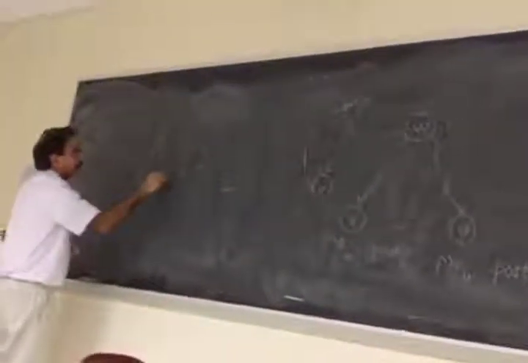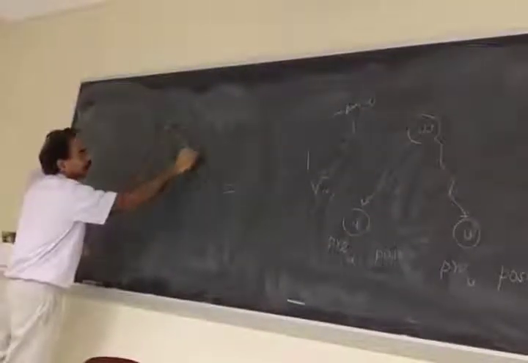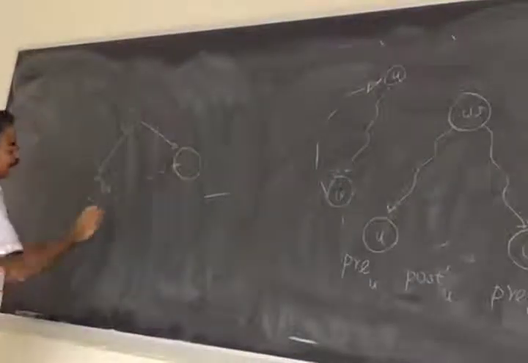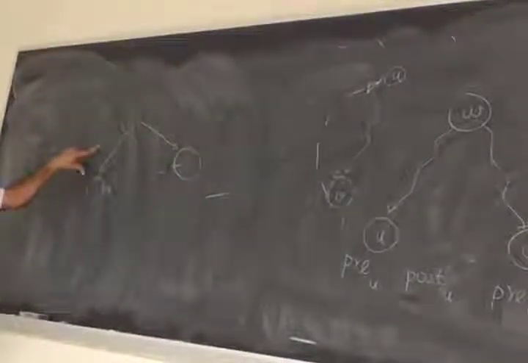If you look at the DFS tree for a DAG, you're going to have these types of edges. There is going to be a cross edge and there could be a forward edge.